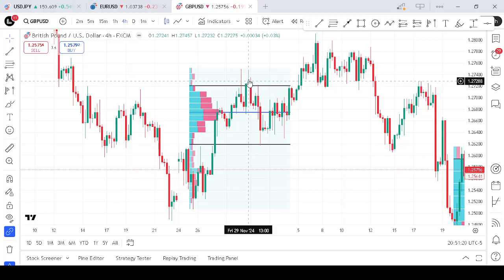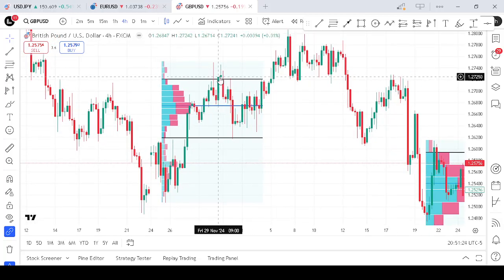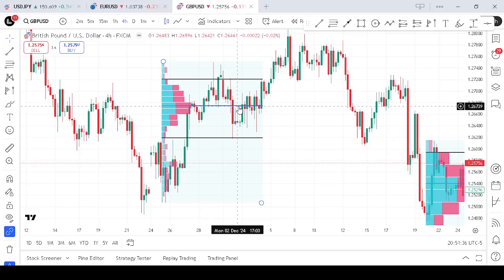So if we see bearish signals at this area of our value area high, we can take a trade from that area back to our point of control, as you can see from this chart.